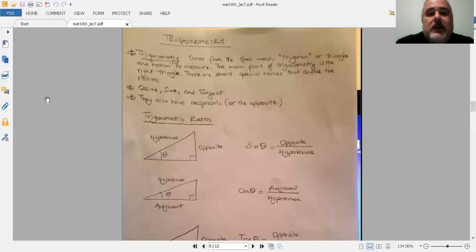So the main part of trigonometry is the right triangle. And there are several special names that define the ratios. So we have sinus, cosinus, tangent, and it is related to the adjacent side, opposite side, hypotenuse. So let me explain these things.